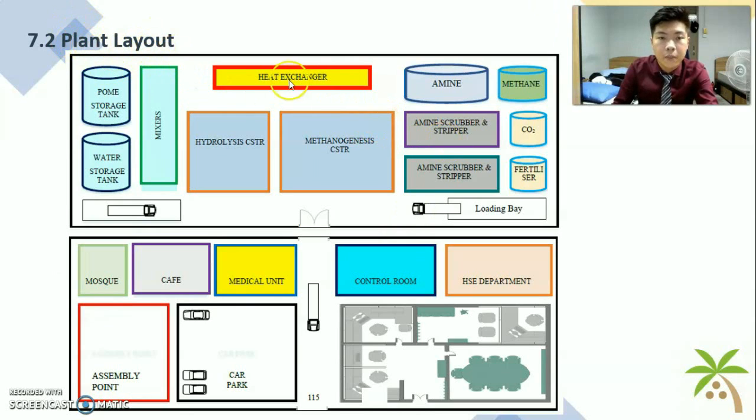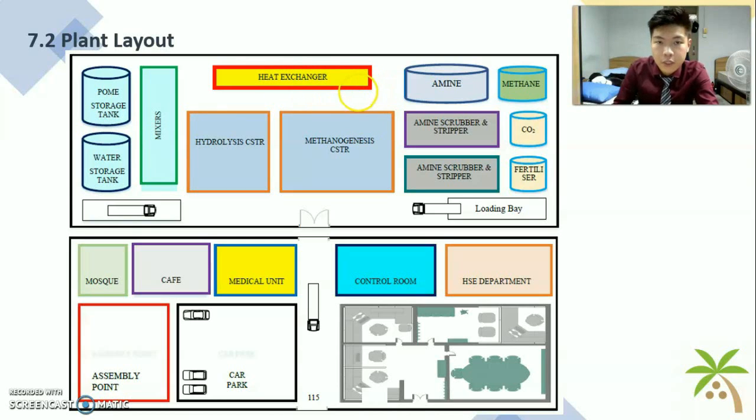Plant layout can be separated into 2 main parts, which are the top part, the processing areas, and the bottom part, the non-processing areas. For the processing areas, the heat exchangers are to be separated from all the other units. This is because heat exchangers involve processes of either very high temperature or low temperature.